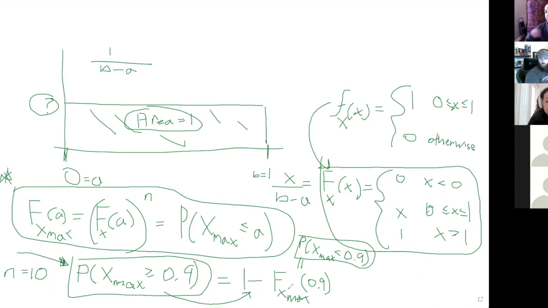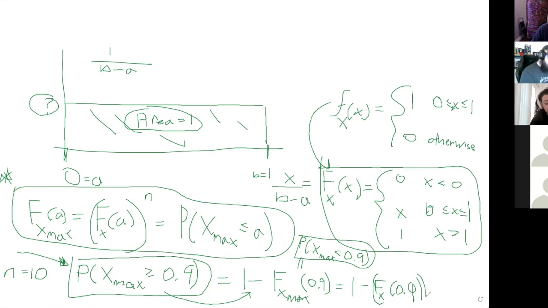And now we need to use all of this stuff that we just developed in the previous parts. From the previous example, we learned that this is going to equal the value of f of x evaluated at 0.9. Hope you guys are dealing with my writing here.